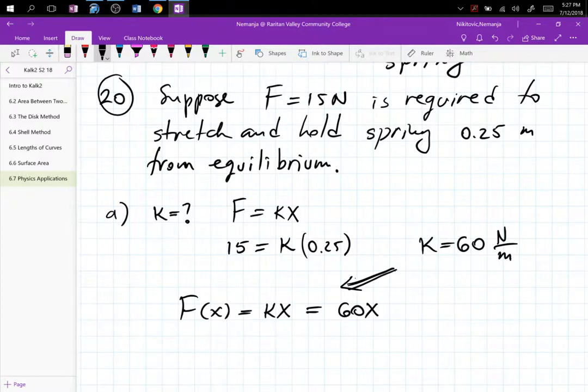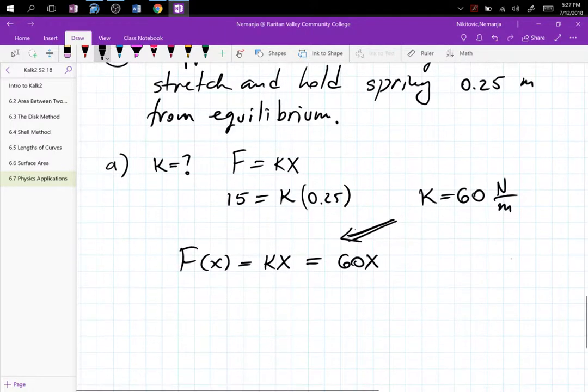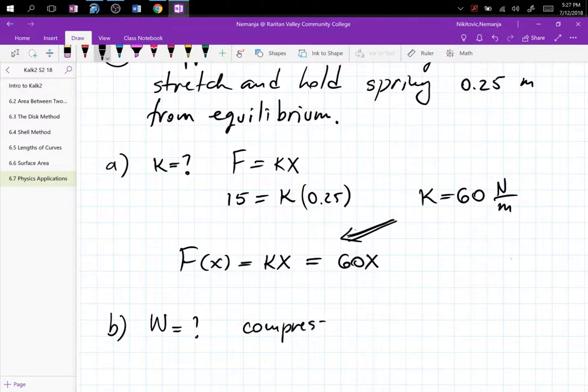How much work is required to compress the spring 0.2 meters from its equilibrium position?